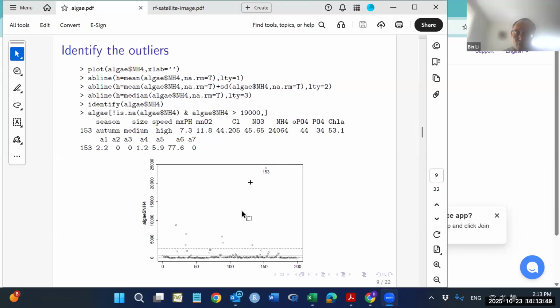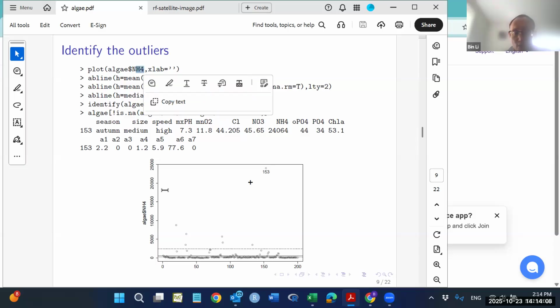This is just showing you how you can identify the outliers graphically. Here, I plot the algae data set for the NH4 variable. These are the NH4 readings. And what is the x-axis?